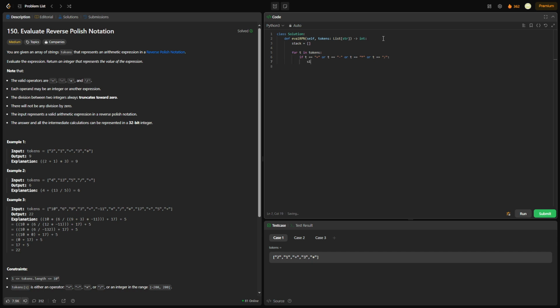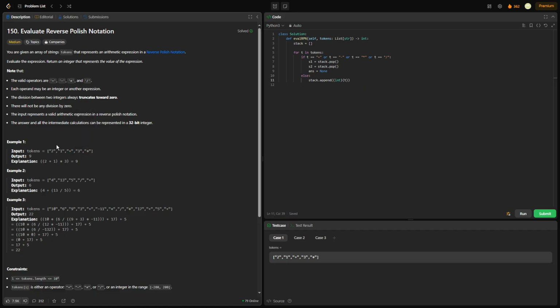If we have an operator, we need to pop from the stack and handle whatever operator we have. So we're going to say stack.pop. If that's not the case, we just have another number, and we want to append that to our stack. For example, if we're going through these tokens and we hit this 2, let's append that to our stack so we can pop it whenever we hit this plus.